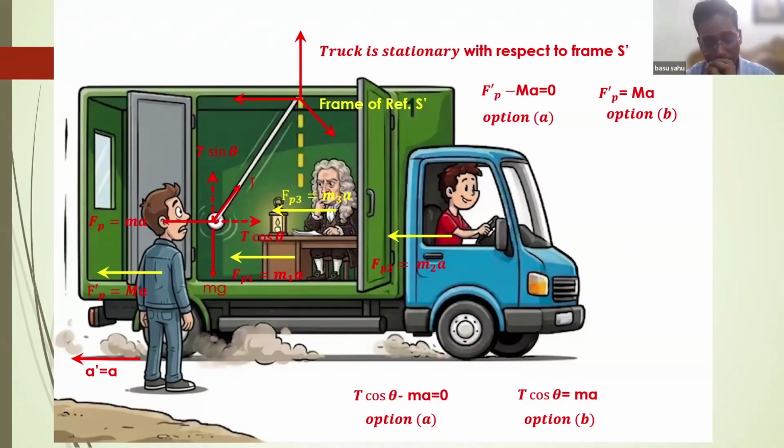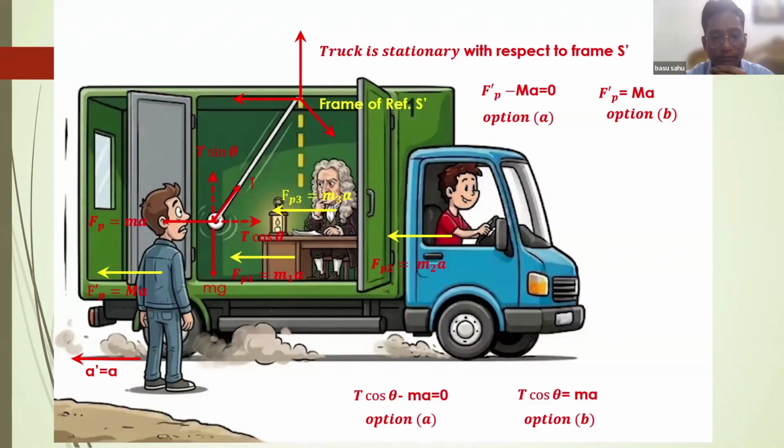Sir, I have a question. Yesterday, we discussed non-inertial frames, and you said that it should not be relative to something else. From the non-inertial frame of reference of the truck S dash, we are not allowed to say that the man's frame of reference is non-inertial.